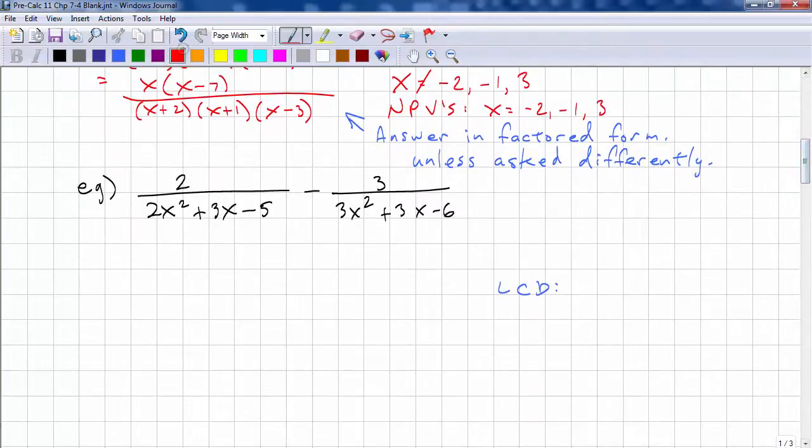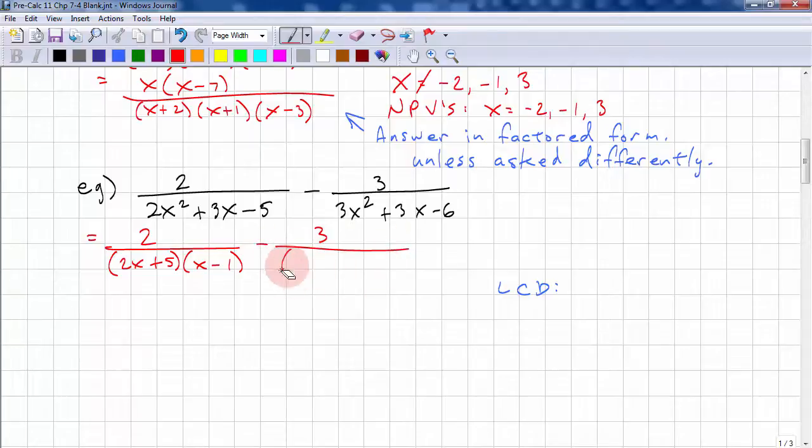Okay, let's look at another example. Again, we need to start off by factoring. So it's very important that you have very quick factoring skills. This is 2x plus 5, x minus 1, plus 5x minus 2x, that's 3x.